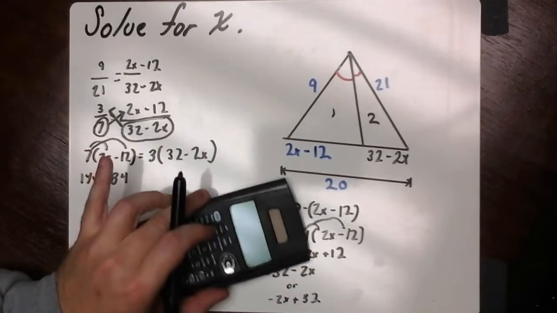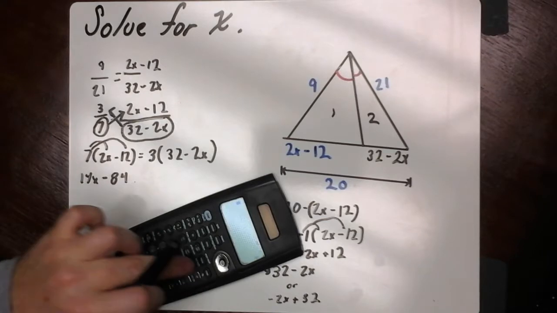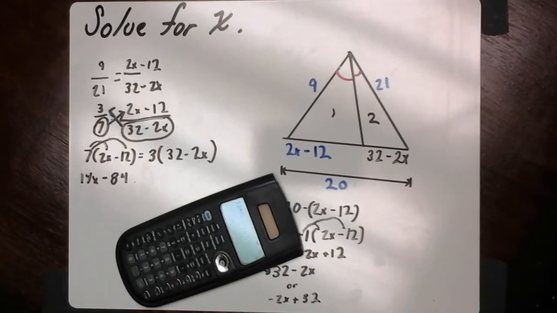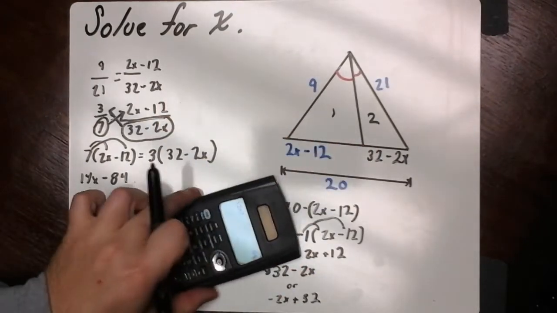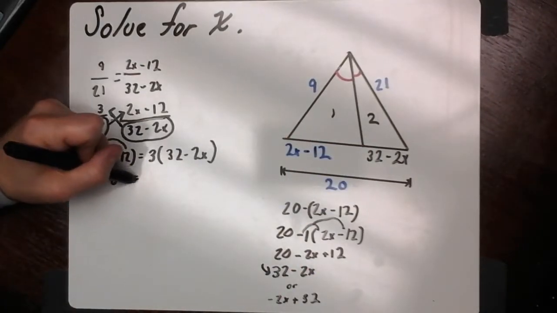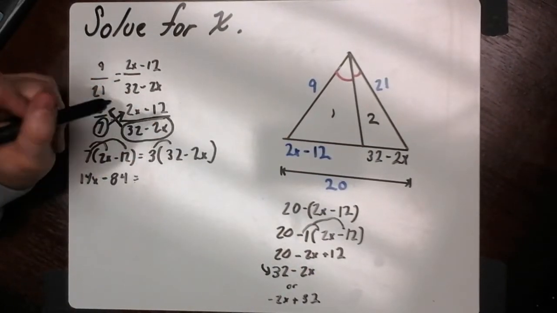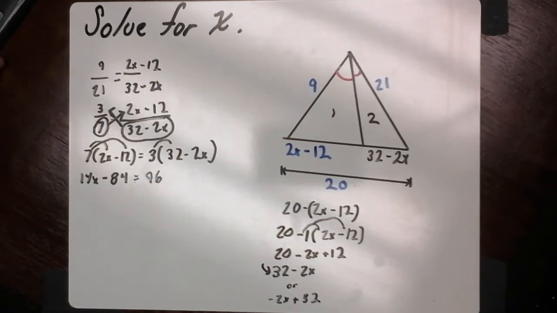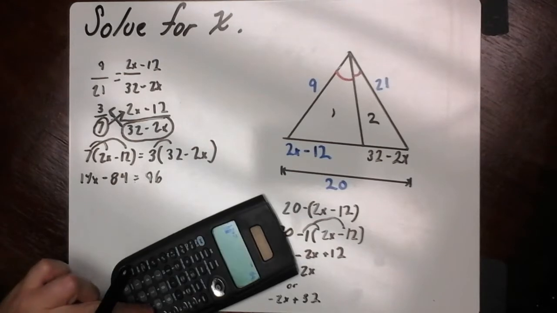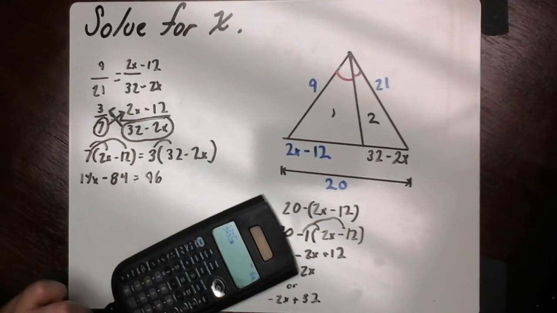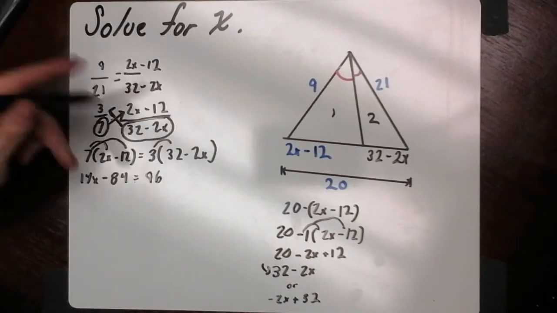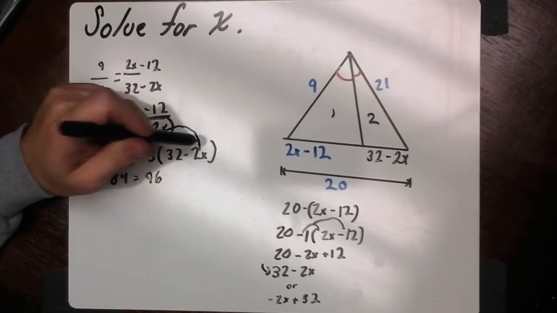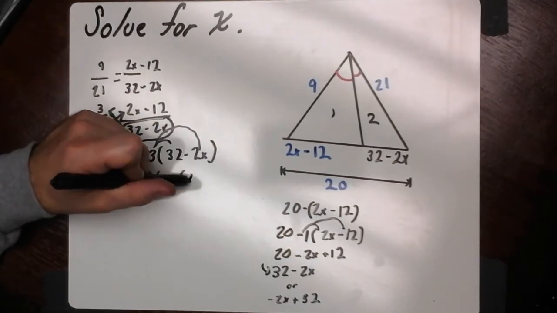Right? I'm going to double check that because, as some of you may know, turns out I am a genius. Now, from there, I'm going to multiply 3 times 32. So that's 96. Let me double check that one. 3 times 32, 96. And then that's negative 6x.